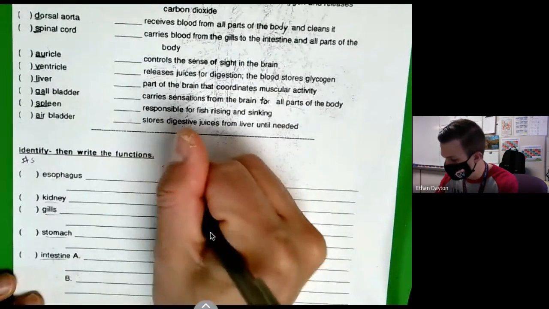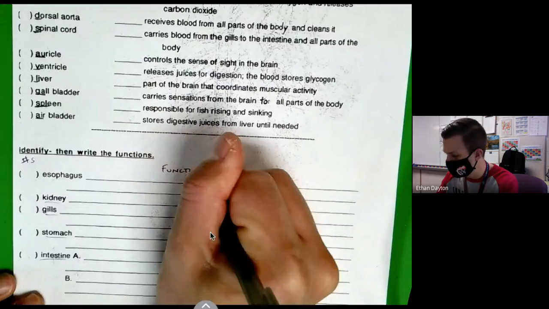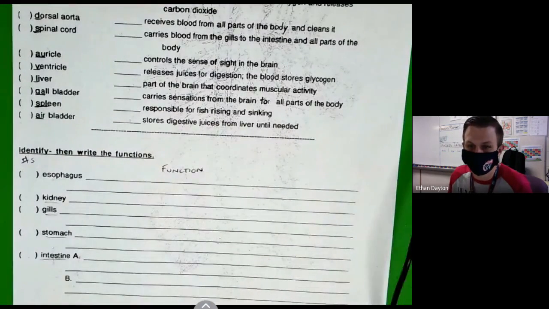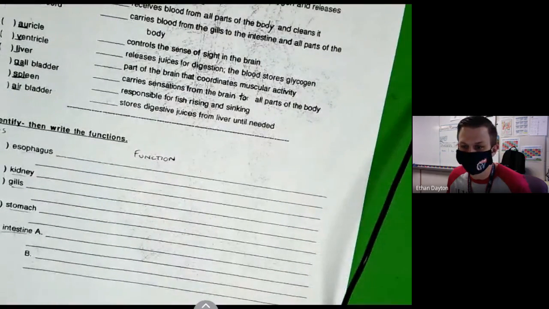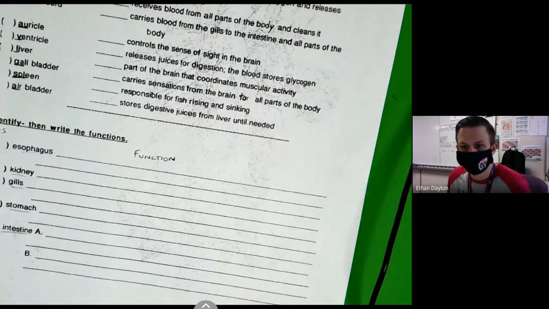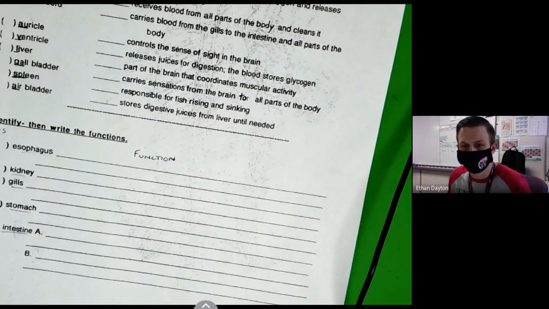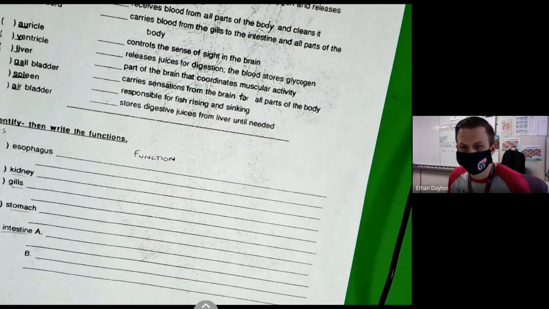And then over here, you have to actually write the function of 5 of them. 10 of them you get to match. 5 of them you get to come up with the definition from your own brain. If you are really stuck on one, just move on to the next.